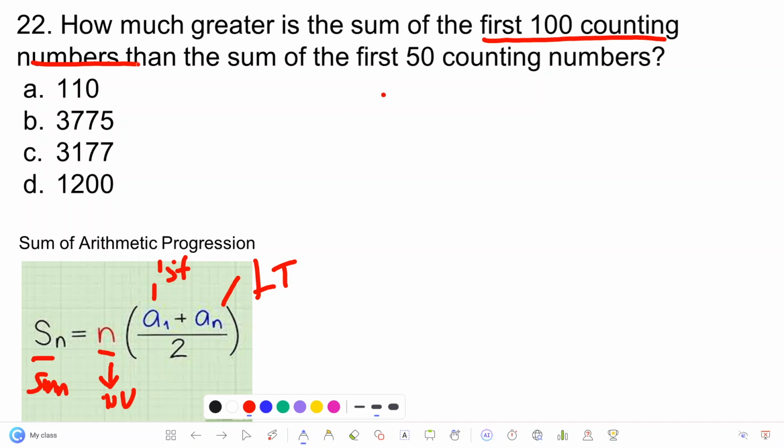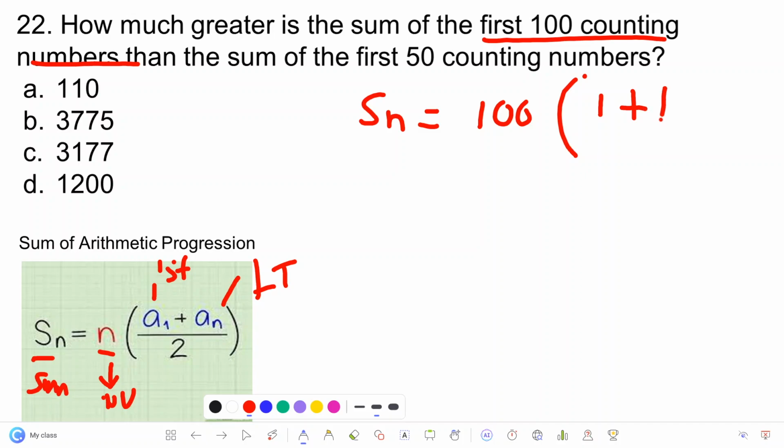So, S sub n is equal to n natin. Ilan ba ang counting numbers na hinahanap natin? So, this is 100. Okay? Times a sub 1. Of course, ang first term, pag nagka-count ka, first counting number is 1 plus the last term. Ano ba ang last term from 1 to 100?